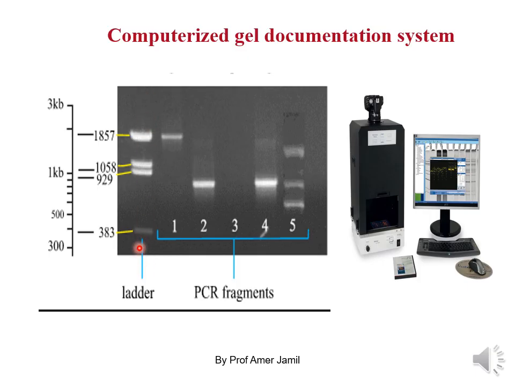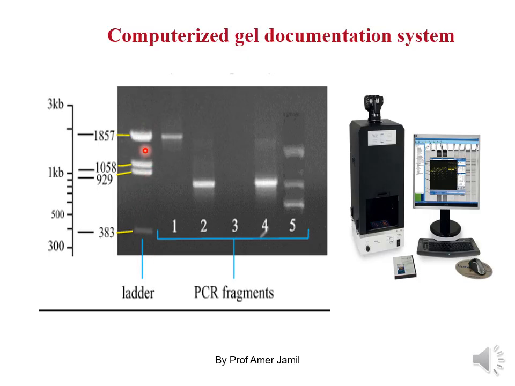This is a standard of fragments which are of known size. So these sizes are known already. So that's why this is a standard marker. This is called a marker, or you can also call it a ladder.